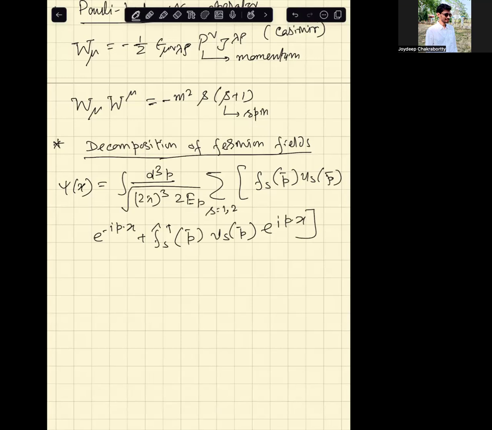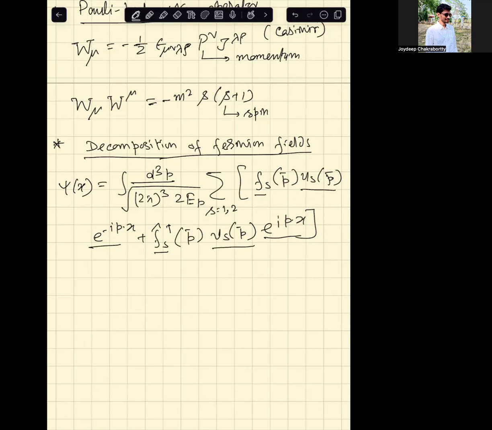We had those free-particle plane wave solutions accompanied by the creation and annihilation operators. In this case, we have the creation and annihilation operators too, but on top of that, because these are spin-half, non-zero spin fields, there should be solutions for the spin wave functions, and these carry the information about the spin.